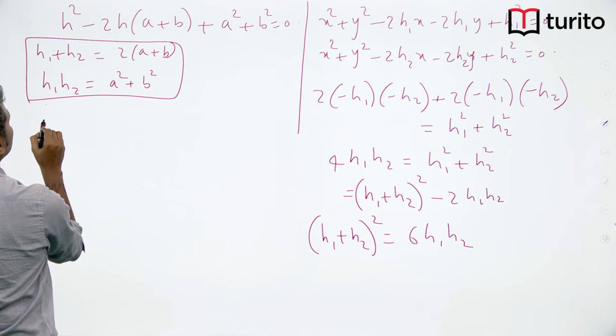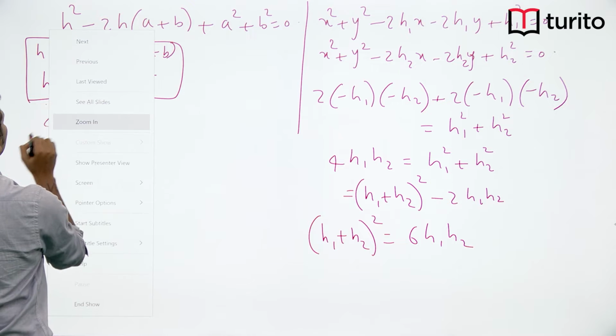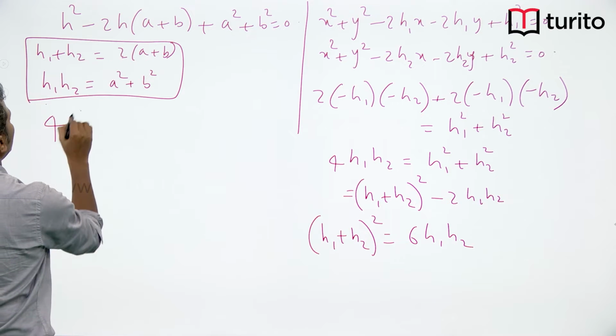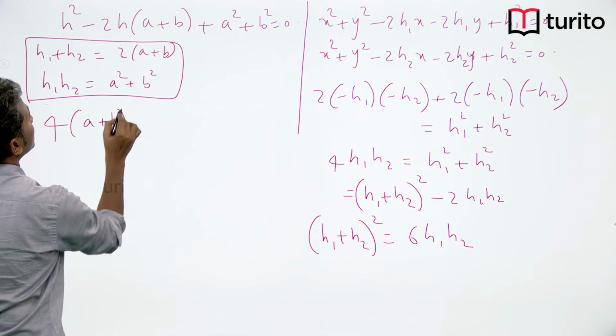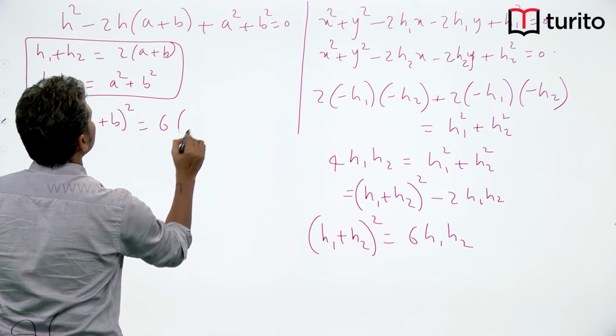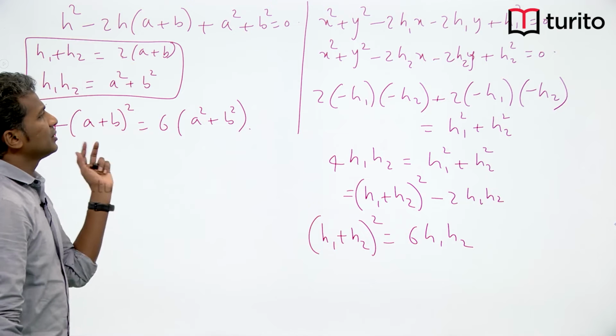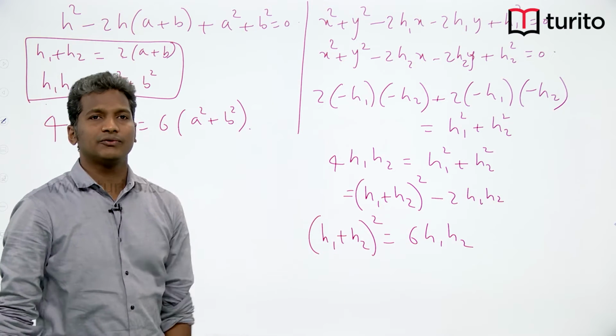Now I will directly put them here. So here I got 4 into A plus B whole square is equal to 6 into H1H2, which is A square plus B square. Now I have to somehow connect this to the required form.